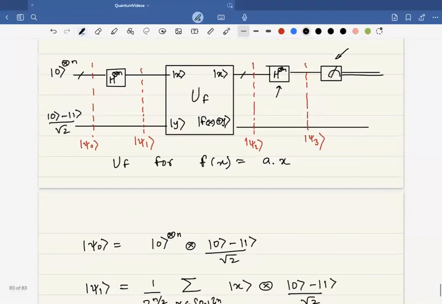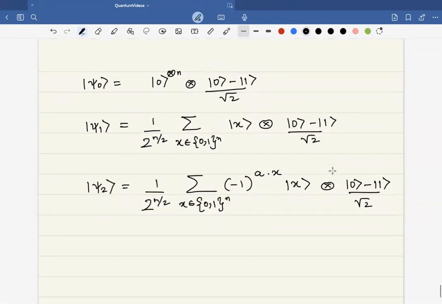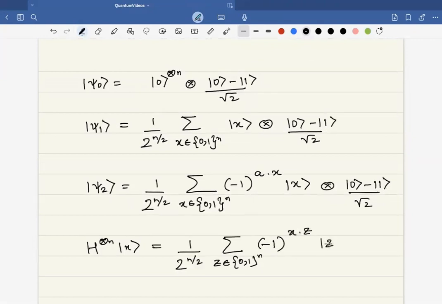Finally, we have another Hadamard gate applied on the top set. Recall that Hadamard tensor n applied to |x> is 1 over 2 to the n over 2, summation over z in {0,1}^n of minus 1 to the x dot z. This was one of the propositions that we did last time.